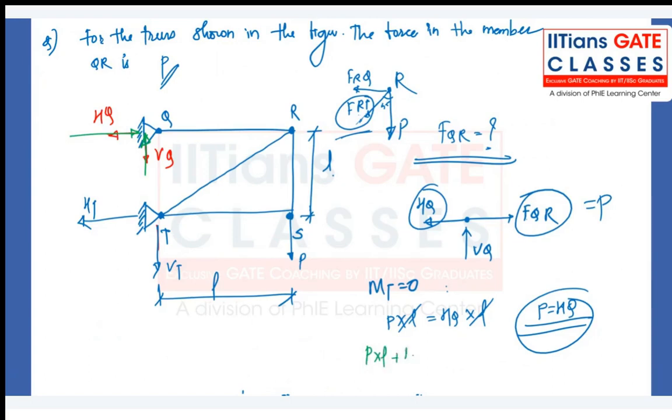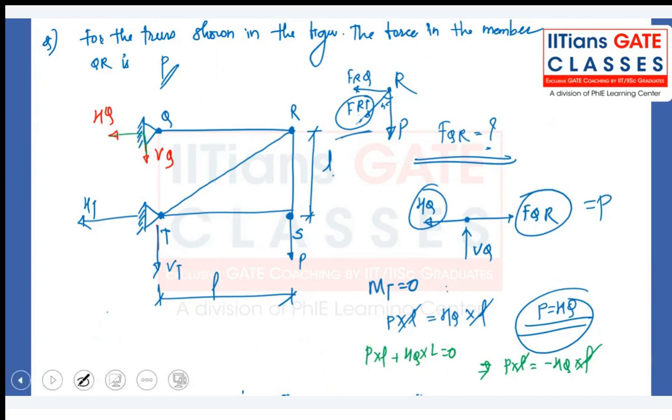So P into L is equal to minus HQ into L, so P is equal to minus HQ, and HQ will be equal to minus P. A minus sign means whatever direction we are considering is incorrect, and we have to correct it. That is the reason I have already drawn it in this direction.